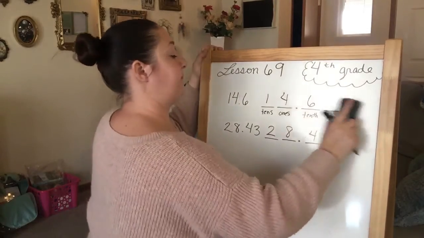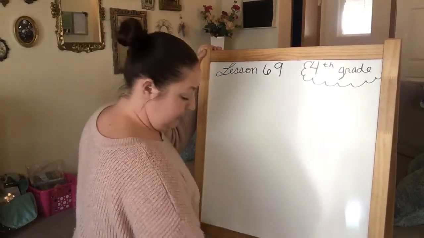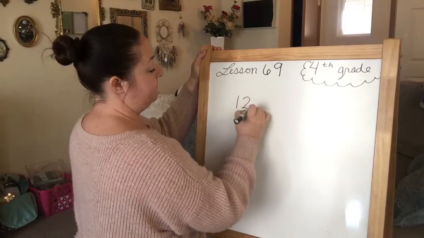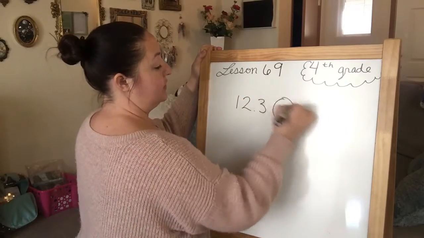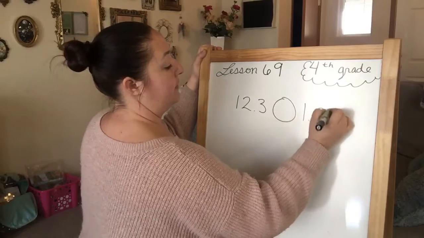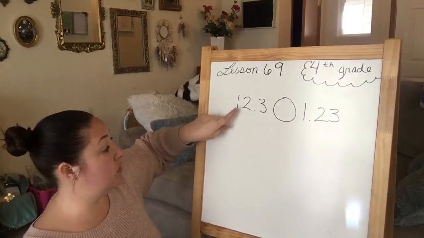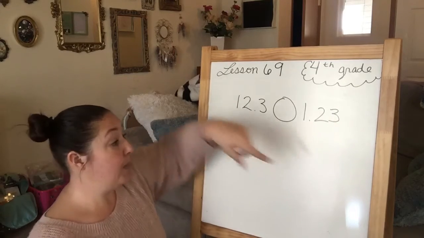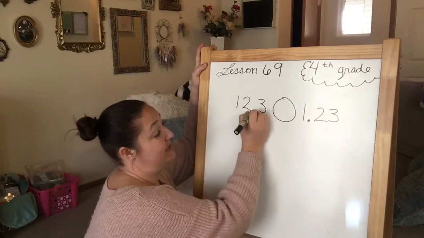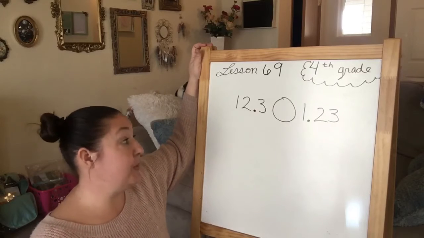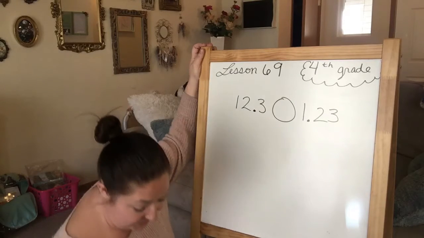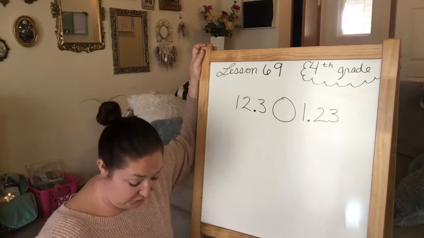We can do that. 12.3, we're going to compare it to 1.23. It looks like they involve the same numbers, 1, 2, 3, but if you look at the place value of where they are, you will see pretty quickly which one is greater.